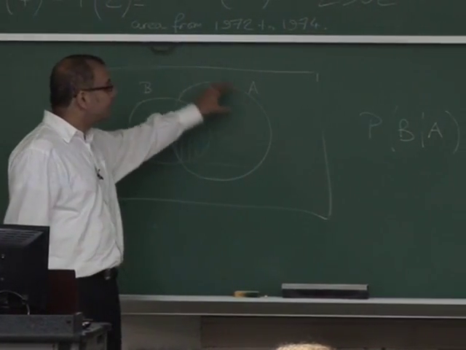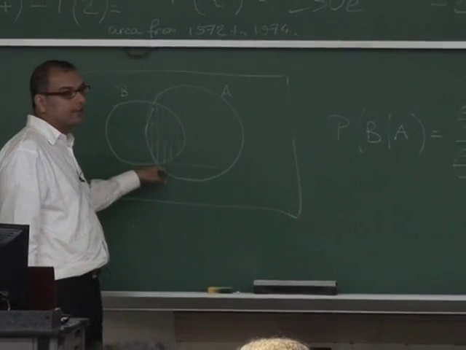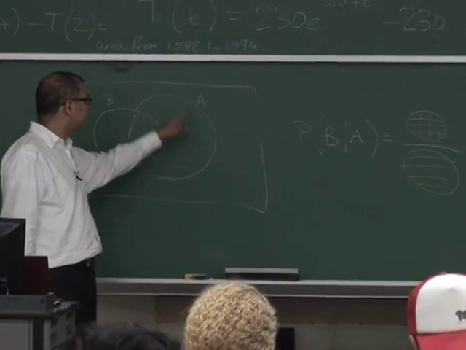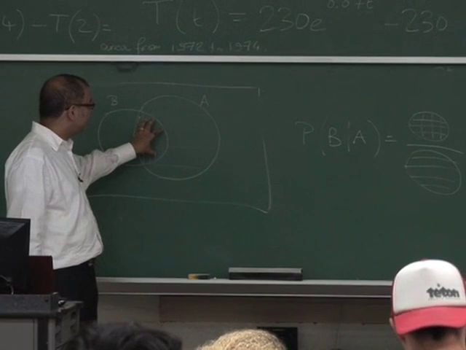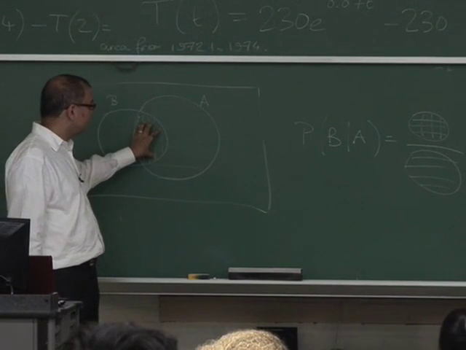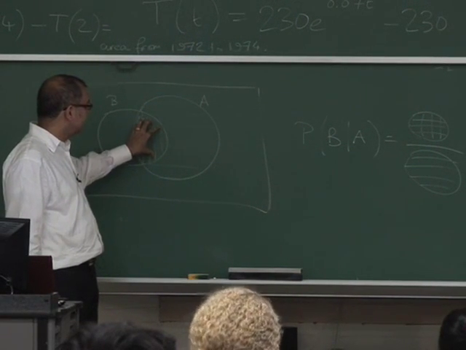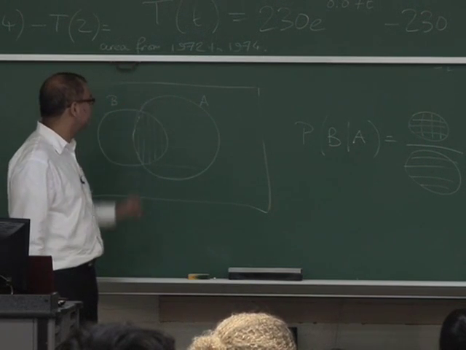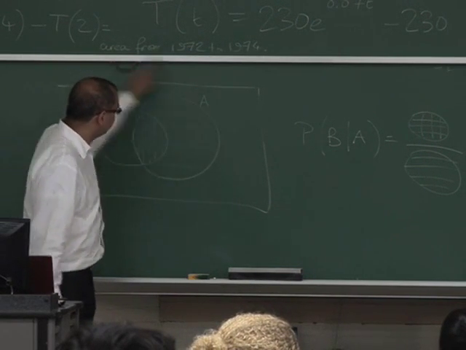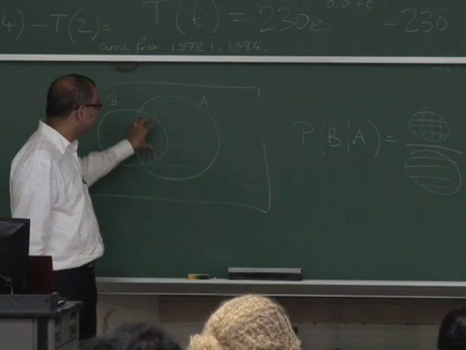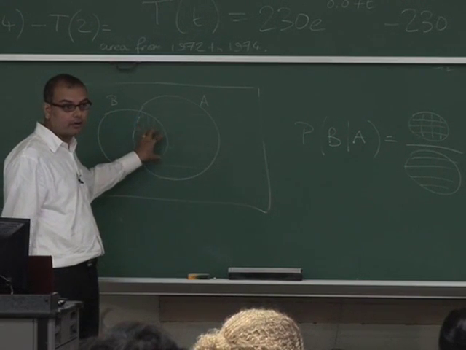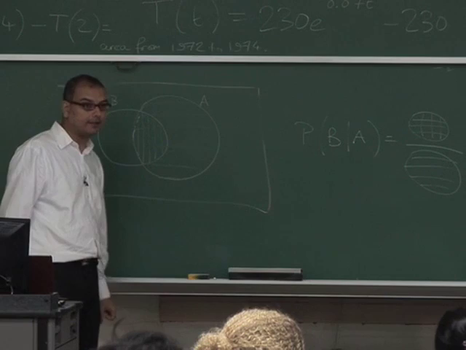Right? Knowing that A has happened, knowing that the sailor is drunk, the probability of this tanker spill is this divided by that, not this divided by the whole thing, right? So it's going to be higher. The conditional probability is going to be higher in this case.